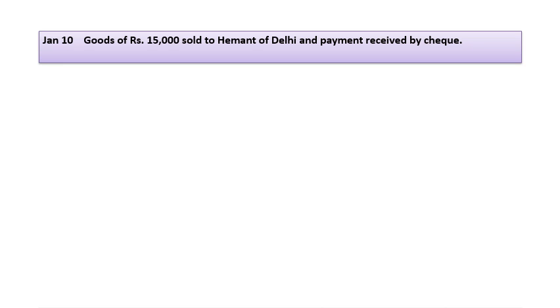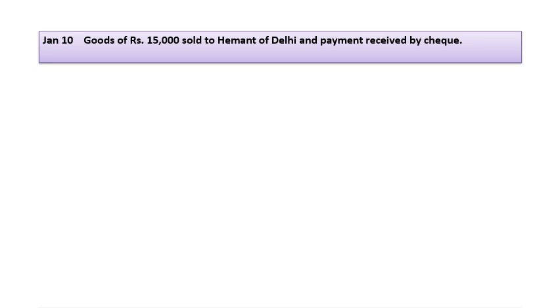January 10, goods of rupees 15,000 sold to Hemant of Delhi and payment received by check. Here payment is received by check, so it is a cash transaction. And then next question that we have to give here, whether it is an interstate transaction or intrastate transaction.